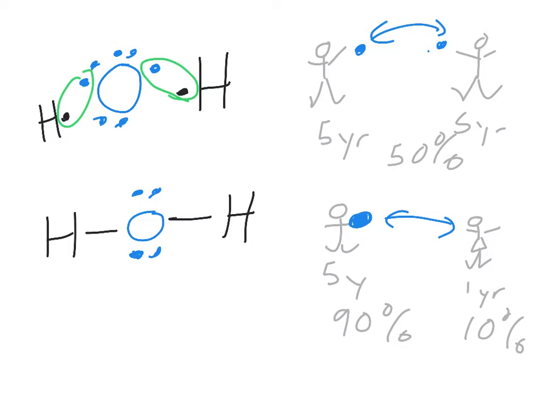The same happens for the electrons in a covalent bond. Well, in theory, oxygen and hydrogen are sharing the electrons in this bond. The oxygen's the 5-year-old, and the hydrogen's really the 1-year-old. Meaning that the oxygen is getting the electrons in this bond a lot more than the hydrogen is.